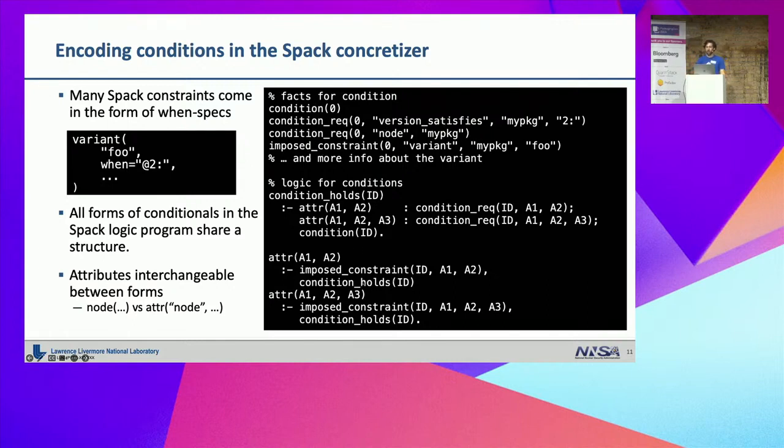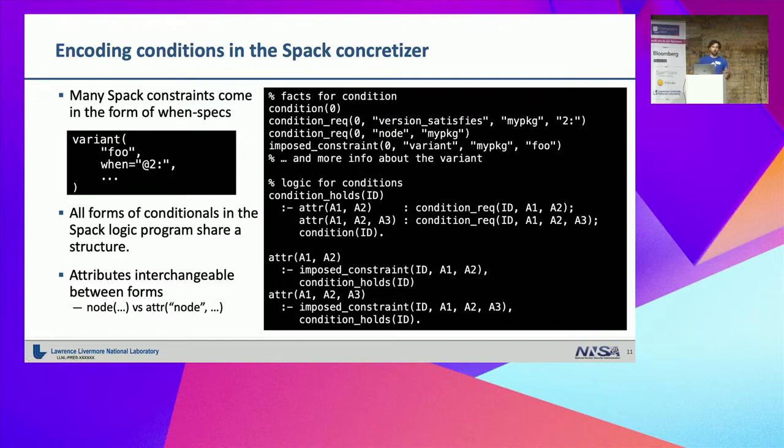And this is what that looks like in Clingo. These colons are conditional rule body elements, saying that for every condition satisfying this arity, if the equivalent attribute is true, then the condition holds. And if the condition holds, then we create attributes, facts that we assert are true for every constraint that it imposes.